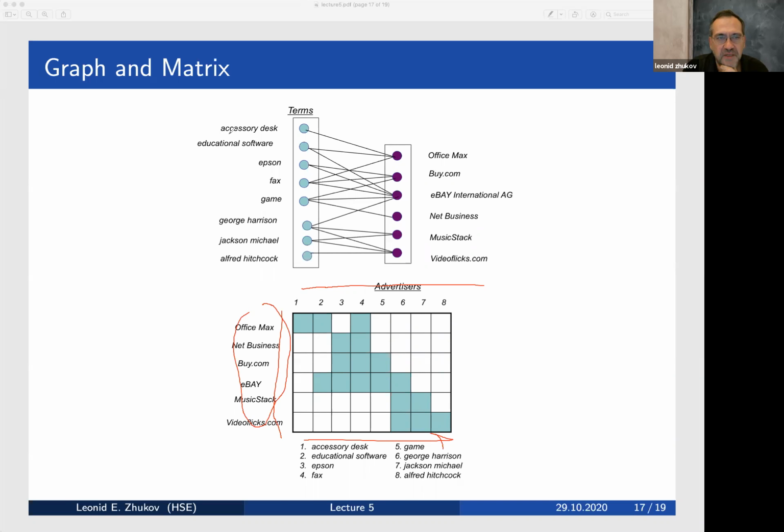So think of a traditional Excel spreadsheet: anything that has rows and columns can be thought of as a bipartite graph connecting this type with that type. Make sense? Okay. All right.